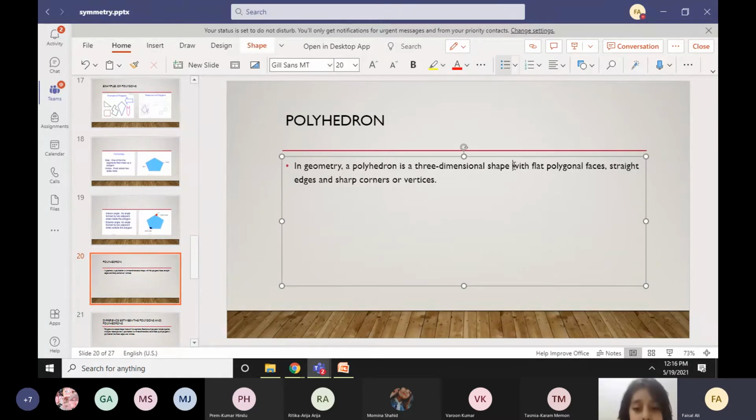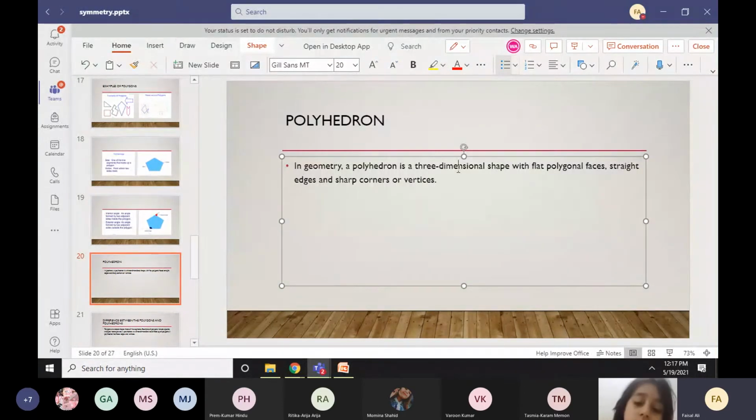Actually, polyhedron shapes we can make with the help of polygon shapes. Like if we attach 6 squares to each other, it will become a cube, and it will become a polyhedron, a 3D shape.